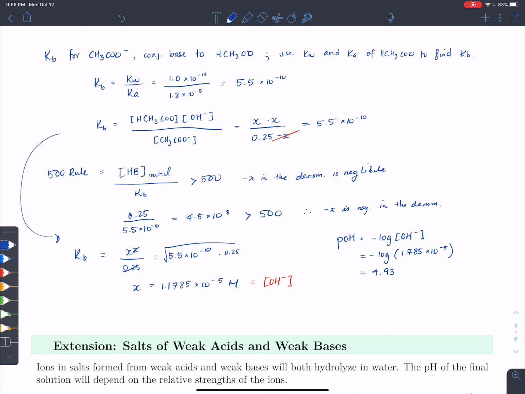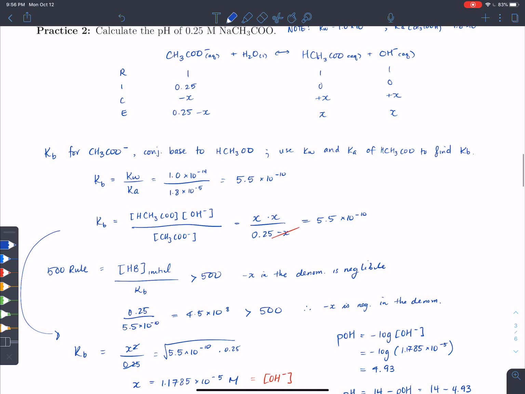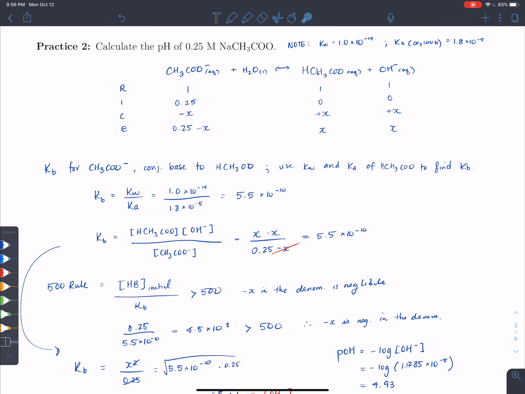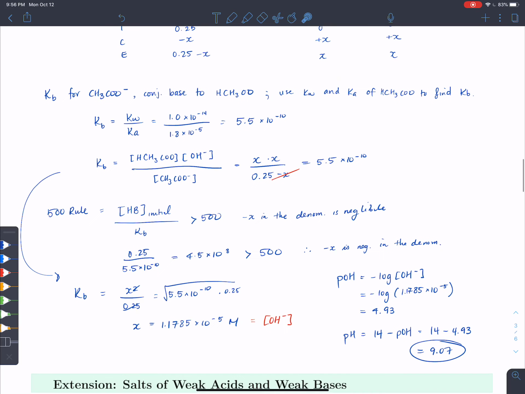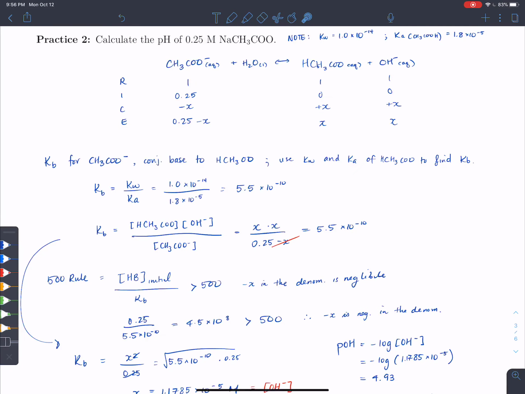So to do that, I'm going to have to do pH equals 14 minus my pOH, which is just 14 minus 4.93, which is just 9.07. So the pH of my sodium acetate salt solution is going to be 9.07, and that is in the basic range. So we confirm that this salt is in fact basic.